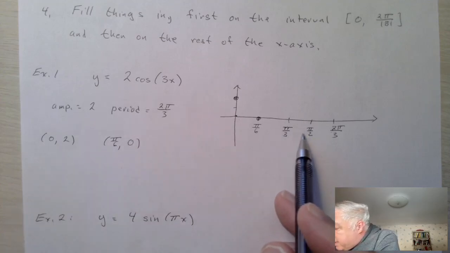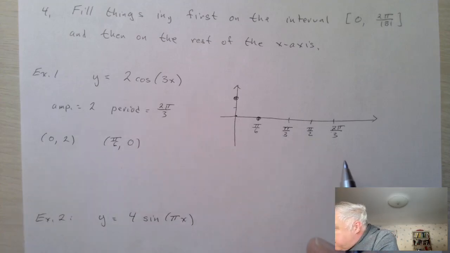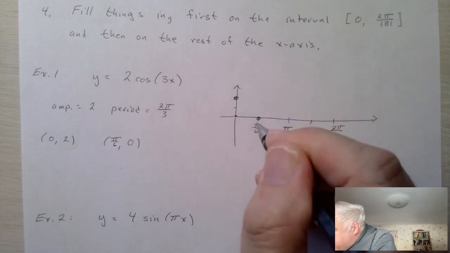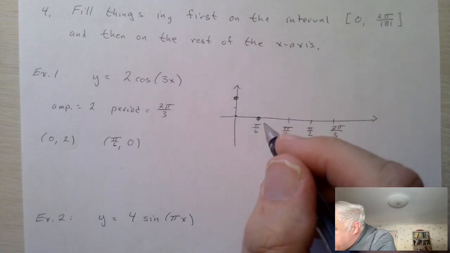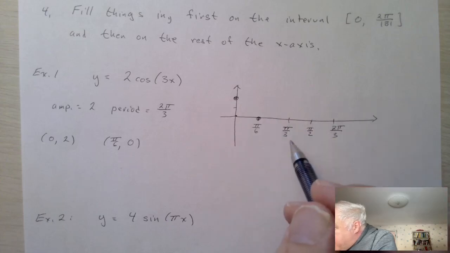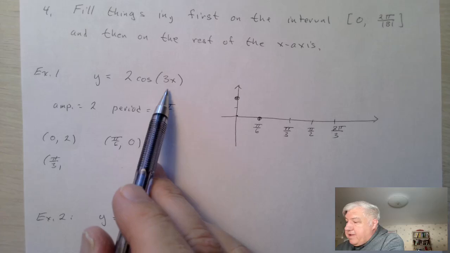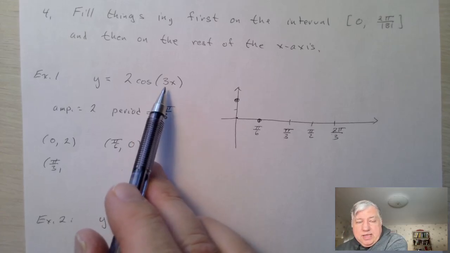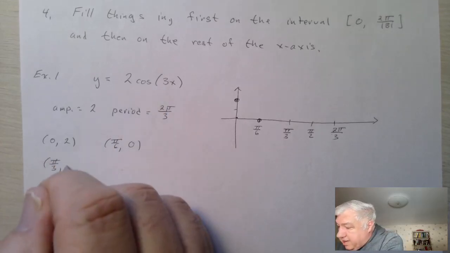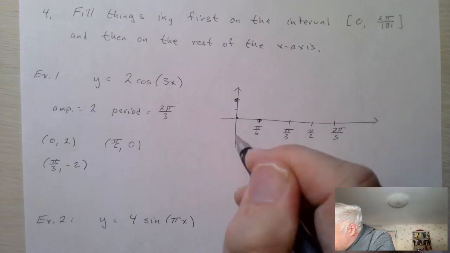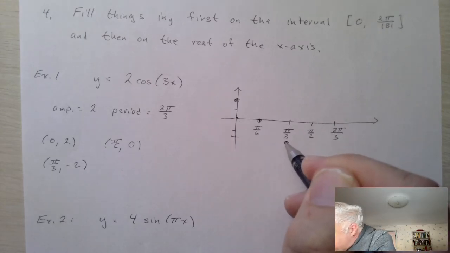That would be that point, and then at pi over 3, multiply that by 3, you get pi. Cosine of pi is -1, multiplied by 2, that's -2. So that's the point down here.